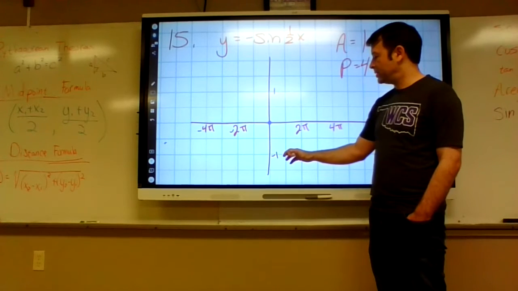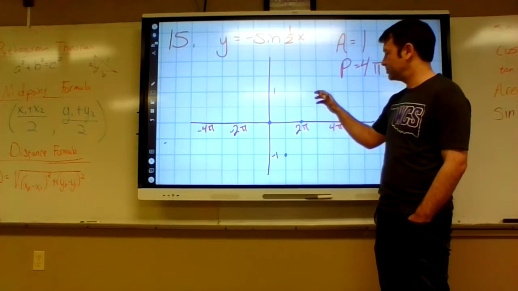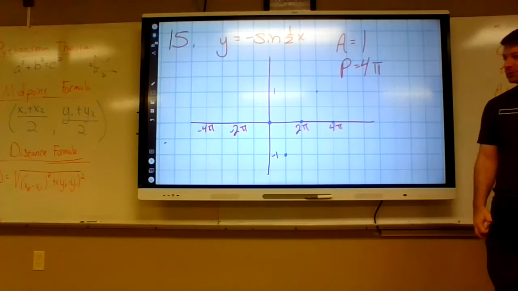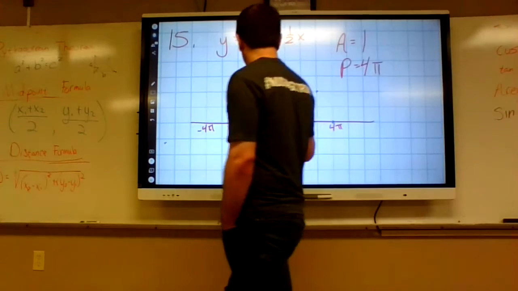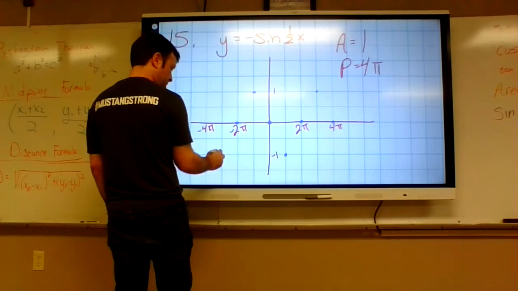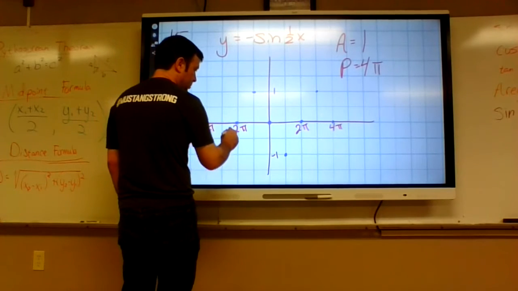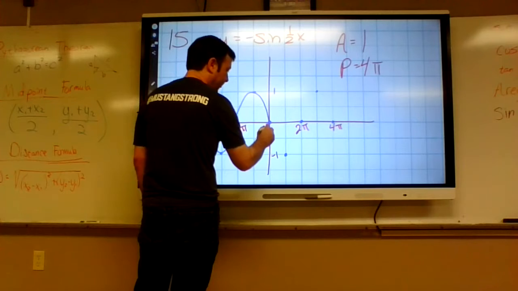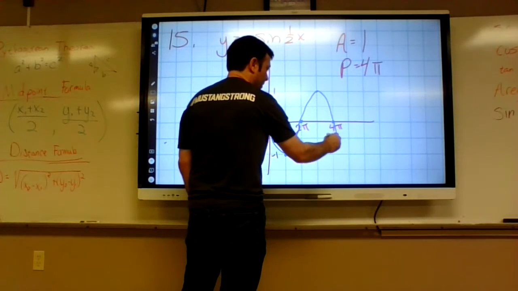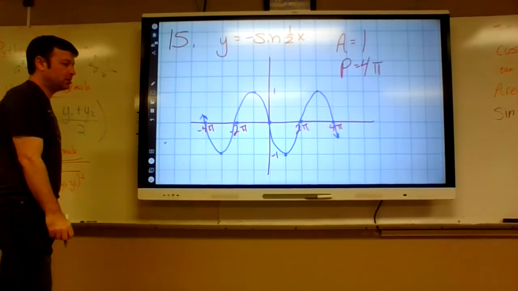And then at negative 1, it's down at the bottom. 2 pi is back to the middle, top, middle. And opposite on the back side. Gonna make it pretty.